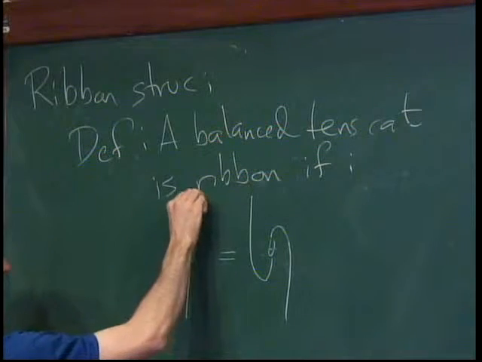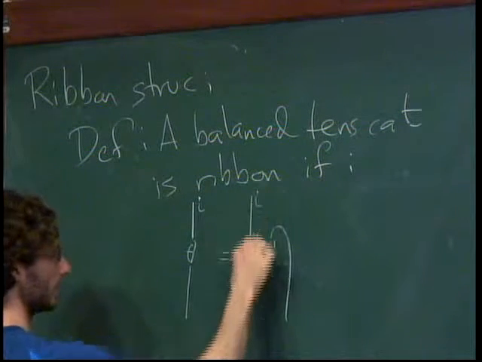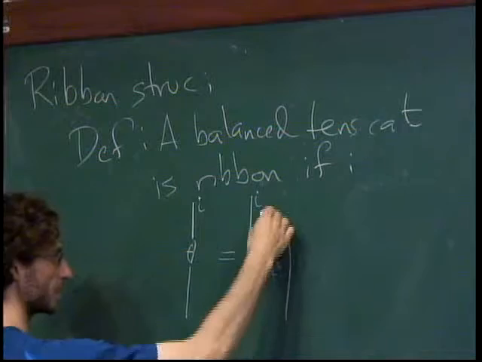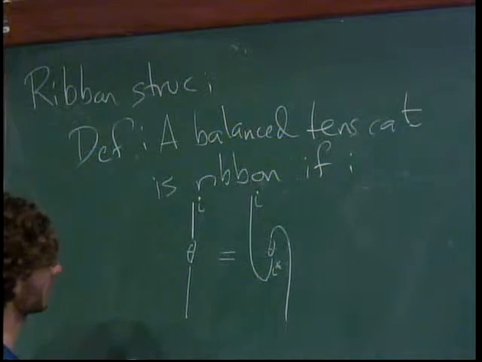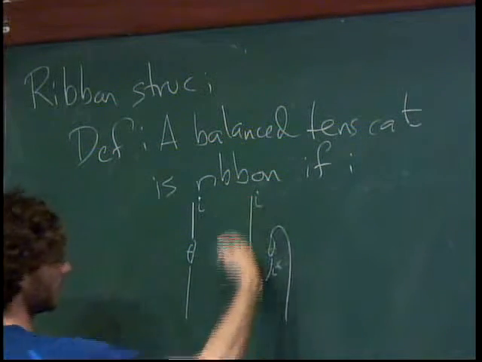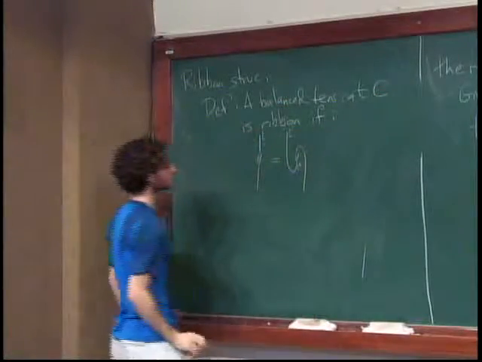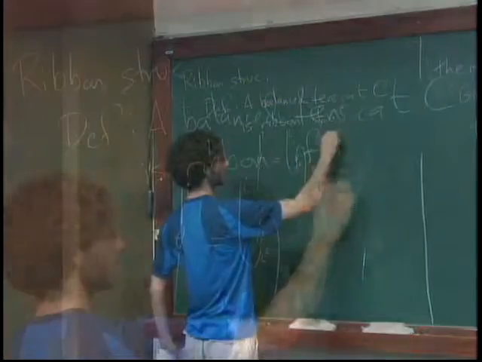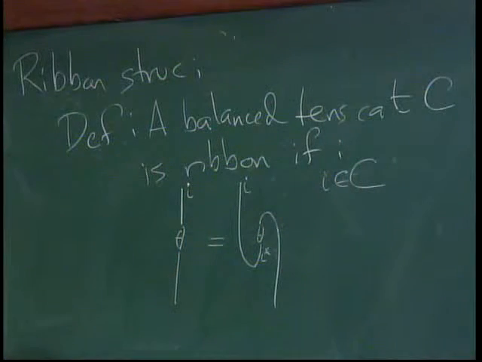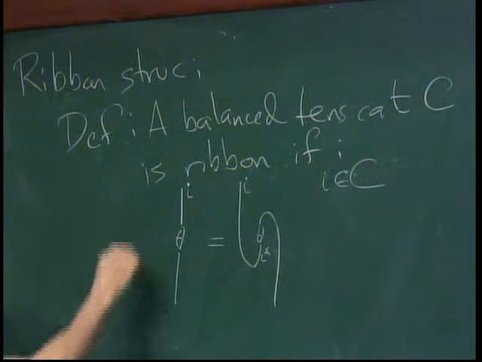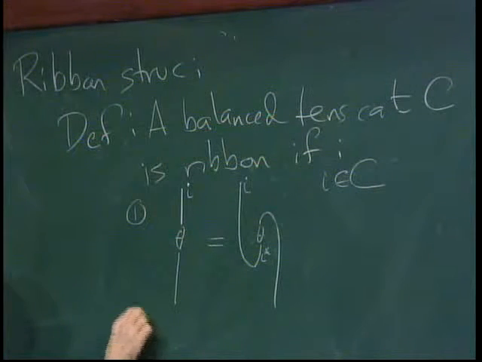So this is some element I, and then this is I dual, and that's evaluation, co-evaluation. This whole thing is some map in the category C, where I is a simple object of C. So that's condition 1.